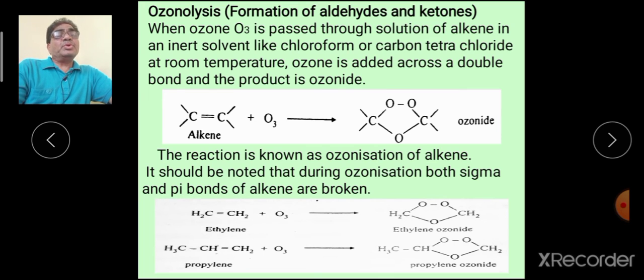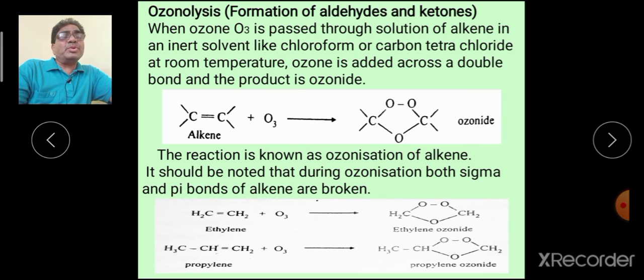The ozone molecule is added across the double bond and the product formed is called an ozonide. This is alkene, this is ozone molecule, it is added across the double bond forming ozonide, a cyclic compound. The reaction is known as ozonization of alkenes.